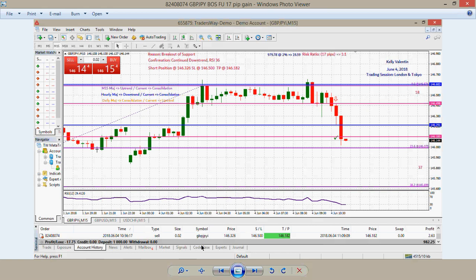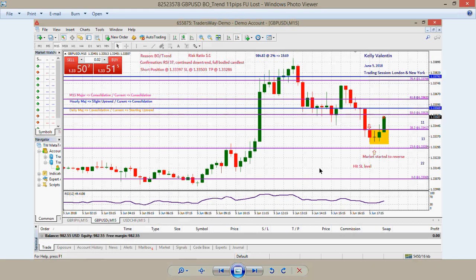And then I have another trade that I would like to look at, where I lost some pips. So this is the British pound USD trade that I had entered. I had entered because there was this bearish sentiment right here. This had just barely closed below this Fibonacci line right here.